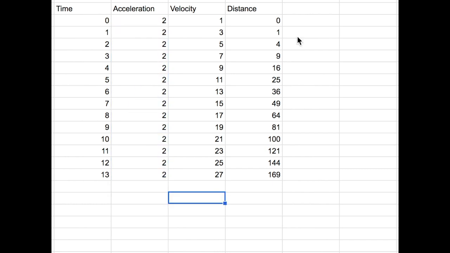So, well, it's not really because the acceleration is 2. Intuitively, you can think of this as the more time that passes, the more time you have to build up speed, and the more time you have to turn that speed into distance. So if velocity is equal to acceleration times time, then distance ends up being related to the time squared.